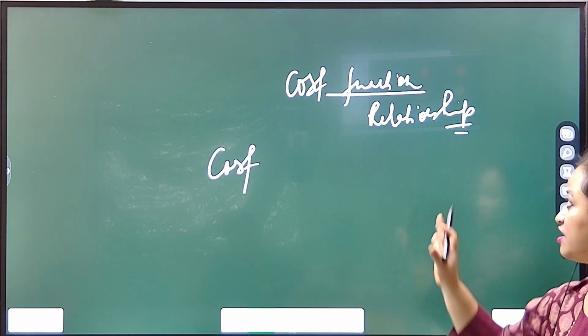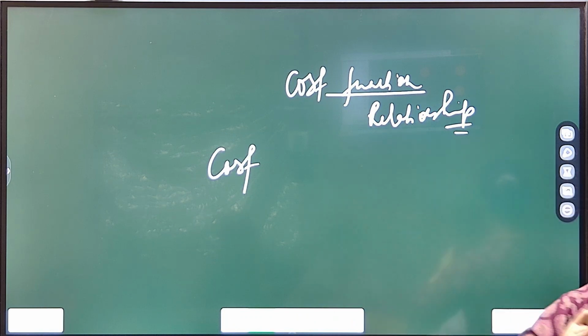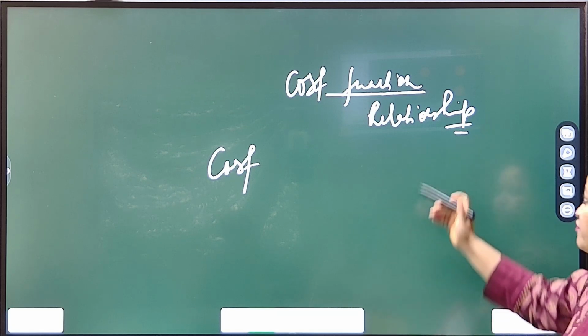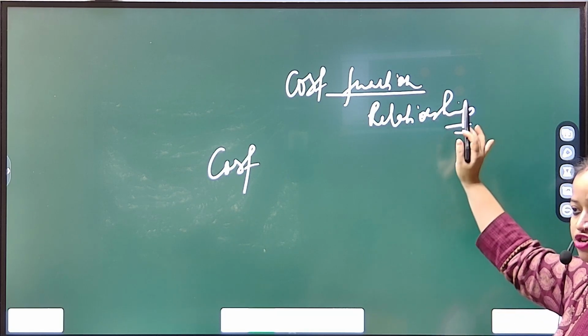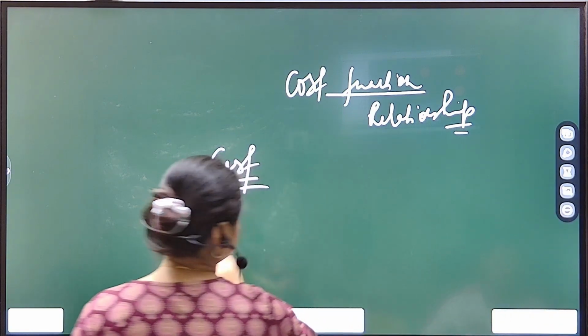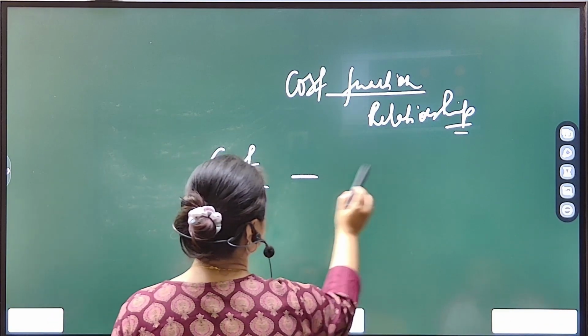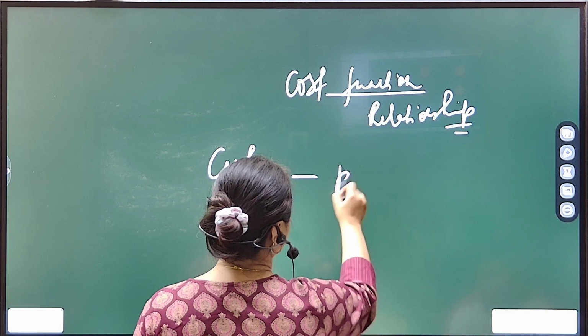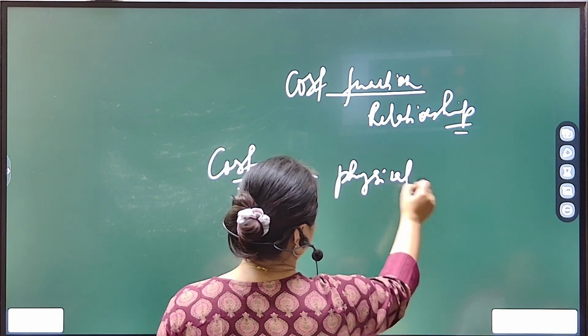That is your cost function all about. Here you can see the relationship between cost of production and physical quantity of output. So cost is incurred to produce something, that is your physical output.